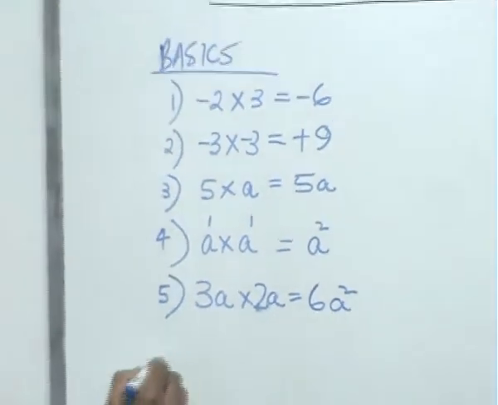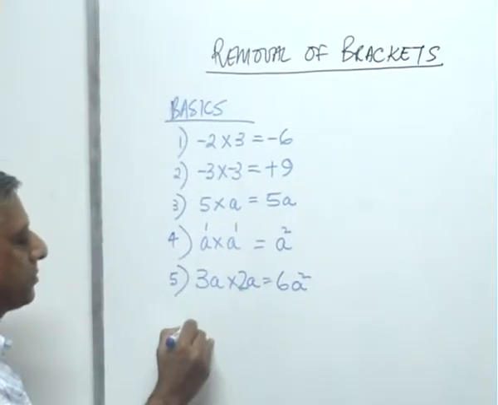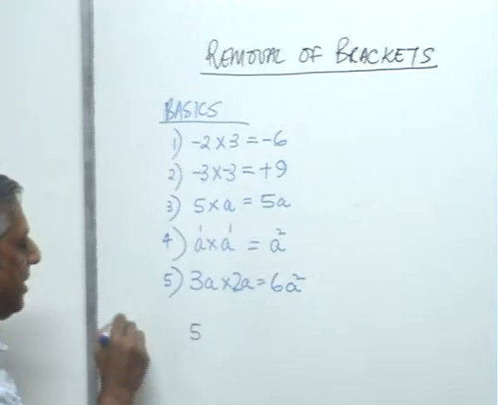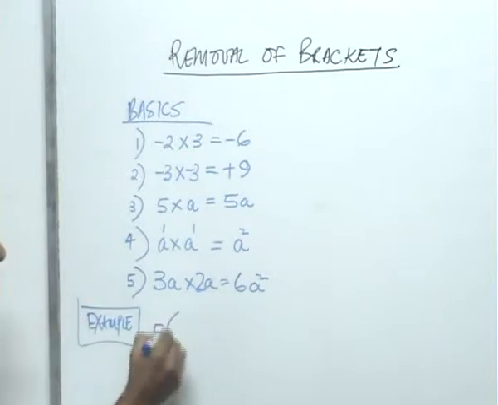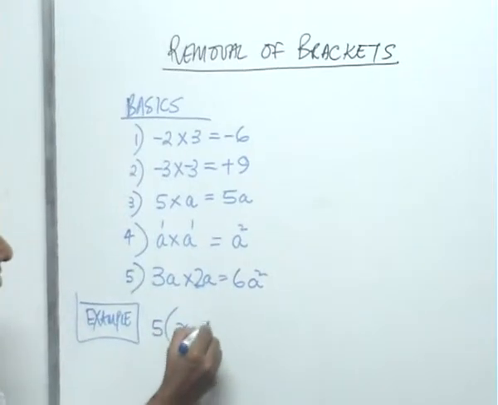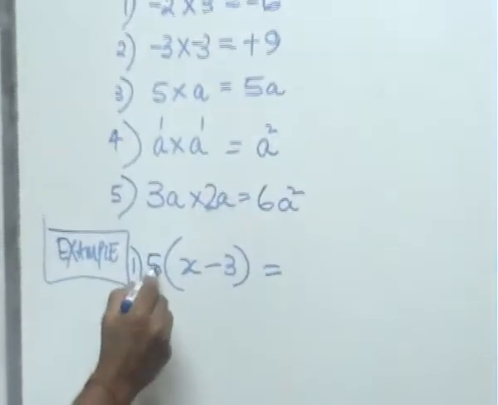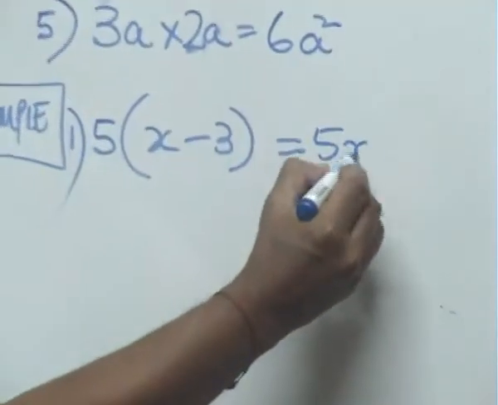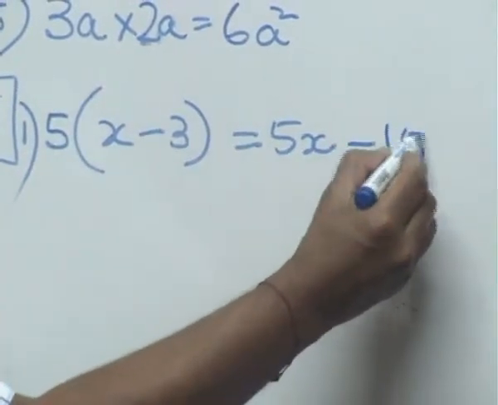Alright, so if I just do one more example, suppose I asked you to remove the bracket. Suppose I gave you this example, 5 into x minus 3. Then you're going to tell me, well, 5 times x is 5x, 5 times minus 3 is minus 15.